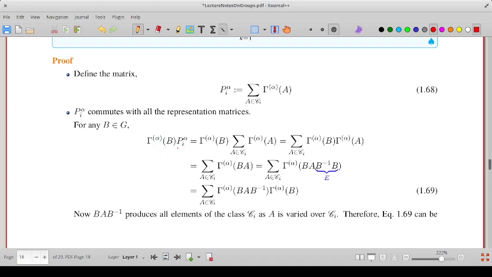So gamma alpha B times Pi alpha equals gamma alpha B times the sum over A in Ci of gamma alpha A. Now this can be taken inside the sum, so the result is the sum over A of gamma alpha B and gamma alpha A. But since gamma alpha is a representation, this is equal to gamma alpha BA.